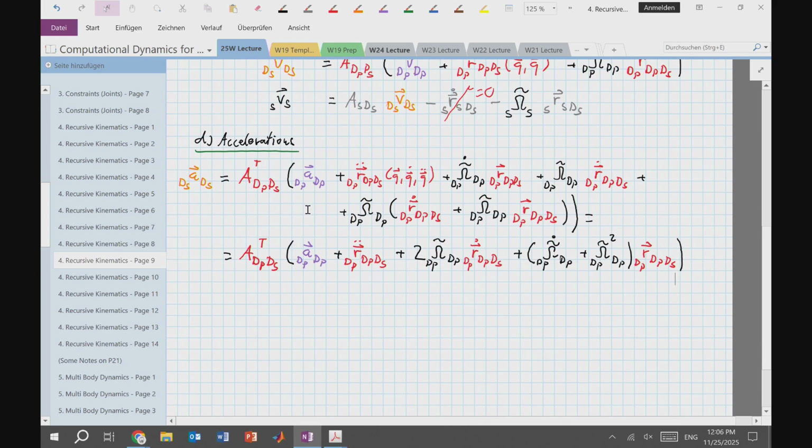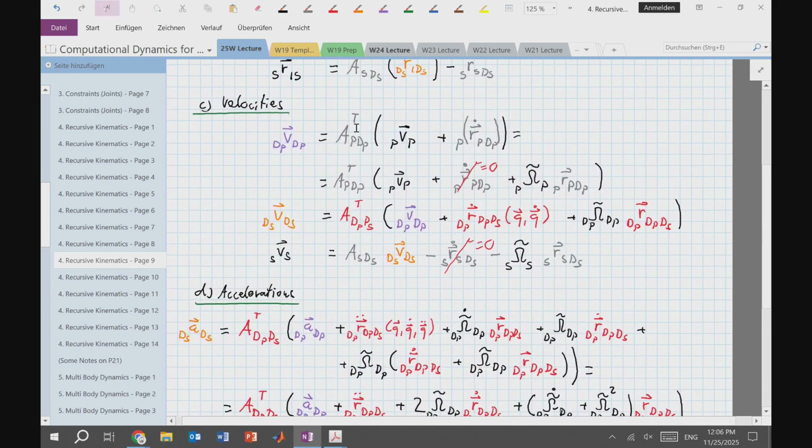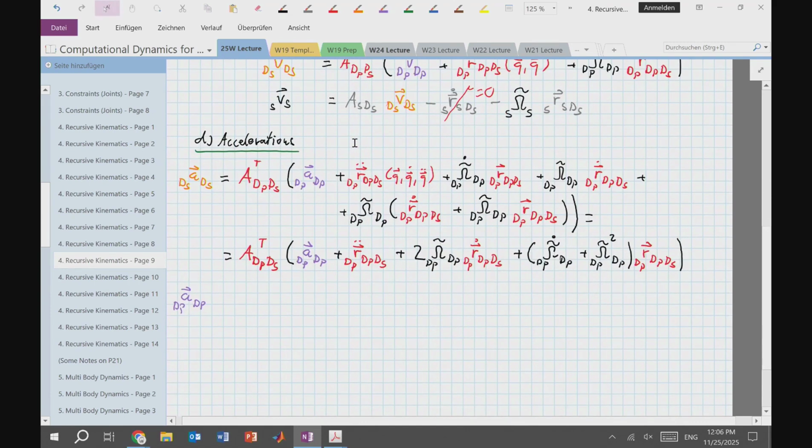This was the middle step, to compute this a dp in dp coordinates, corresponding sort of to this first step here, and then the acceleration of the successor, things are similar but simpler.